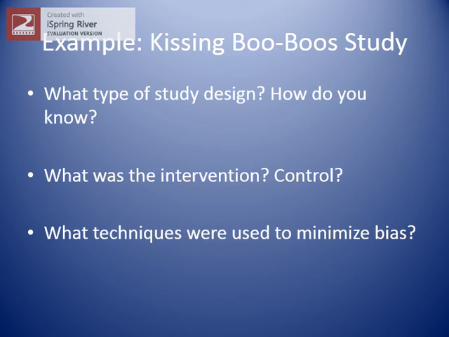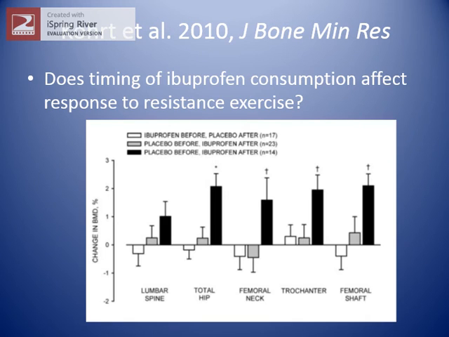And then look back for techniques to minimize bias. Did they blind? Did they randomize? How are they trying to minimize bias in this study? It's actually a really good example of a proper study design for a randomized control trial.